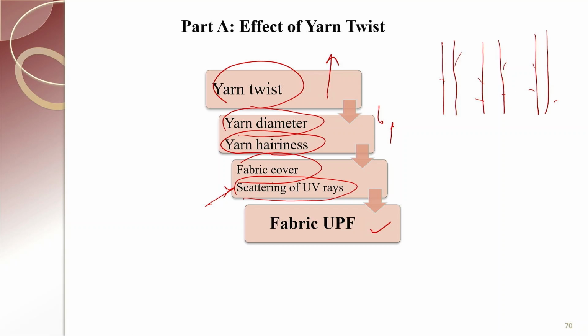Now, for the same yarn and same thread density, if we increase the yarn twist, yarn diameter will be reduced.